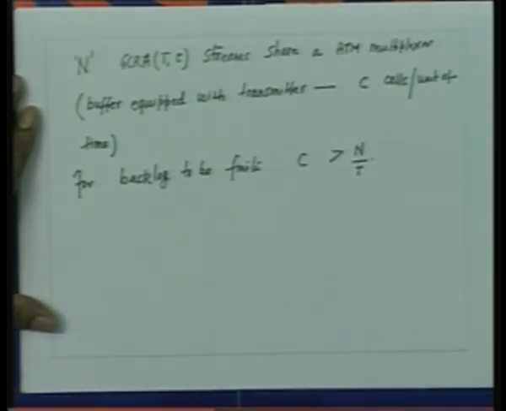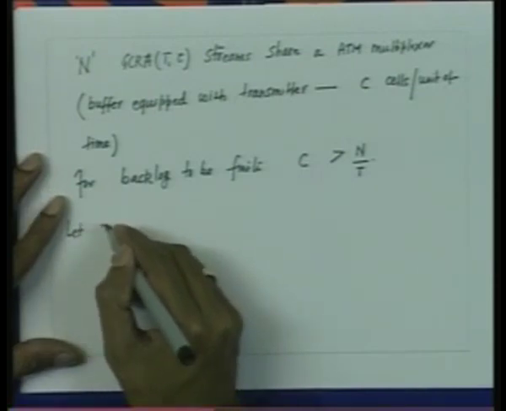Okay, so now we would like to determine how the network can admit such n GCRA (T, tau) streams such that a certain delay guarantee, capital D, can be given.